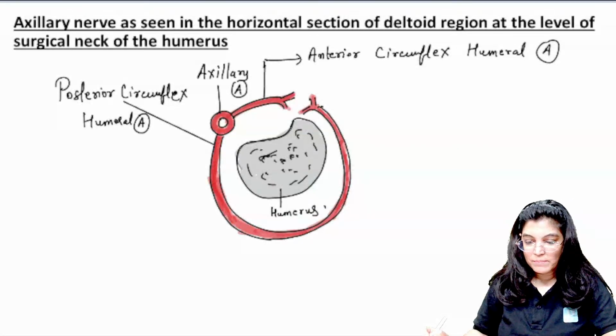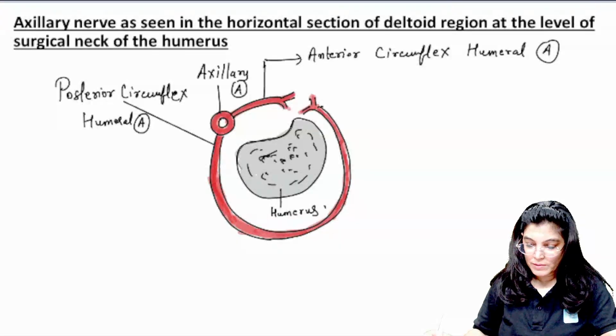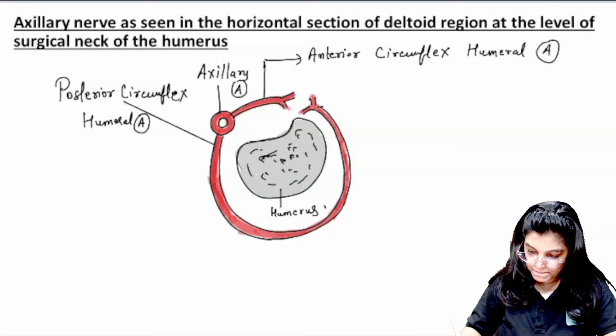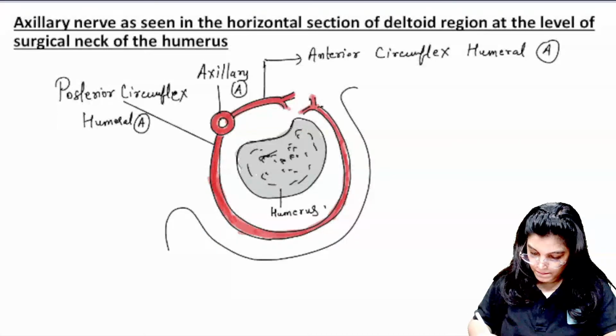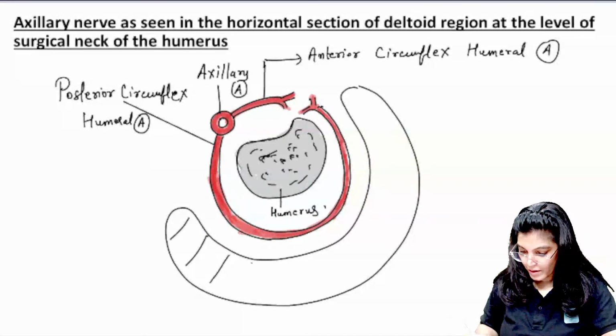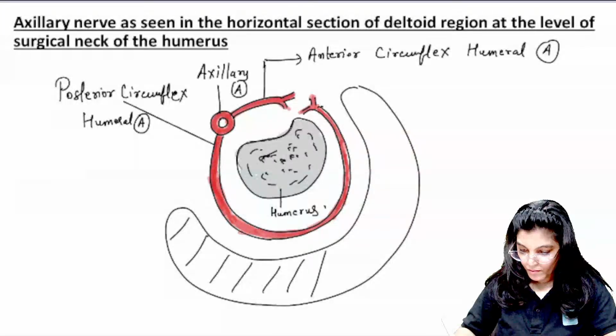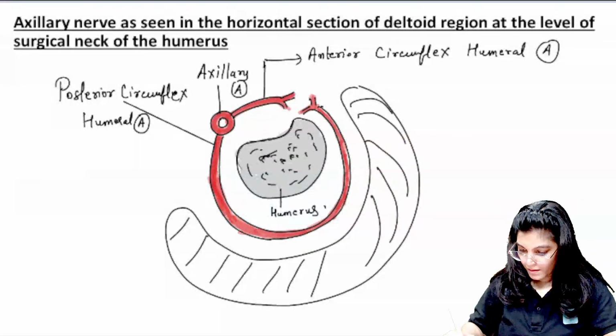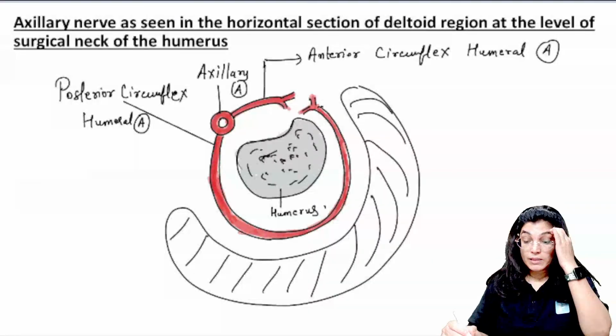Now we can make a bulky muscle, that is the deltoid muscle. Okay, this is the deltoid muscle.